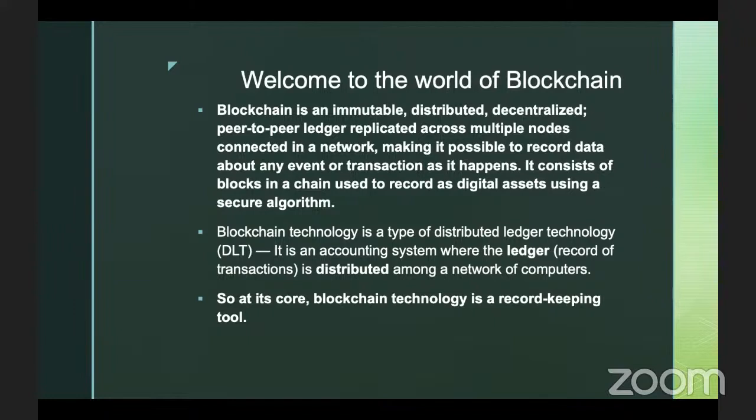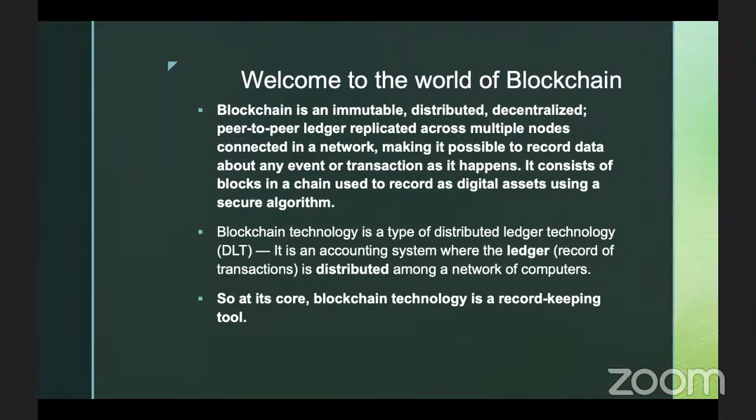The very first cryptocurrency is Bitcoin, and the underlying technology of Bitcoin is blockchain. You can define blockchain like this: blockchain is an immutable, distributed, decentralized, peer-to-peer ledger. What do you mean by ledger?